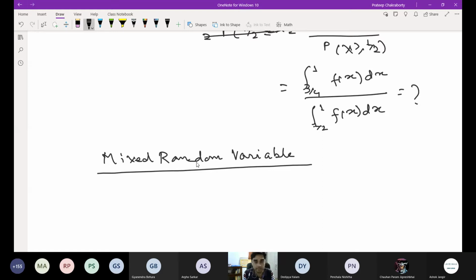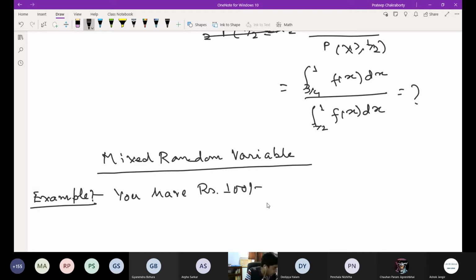Let's start with an example. Suppose you have 100 rupees and you have an opportunity to play a lottery.